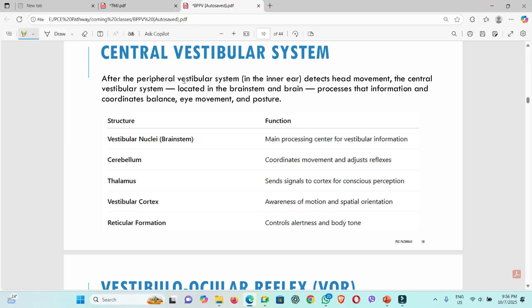Okay, after the peripheral vestibular system, which cranial nerve, guys? Vestibular. 8. After the peripheral vestibular system in the inner ear detects head movement, the central vestibular system, located in the brainstem and brain, processes the information and coordinates balance, eye movement, and posture.